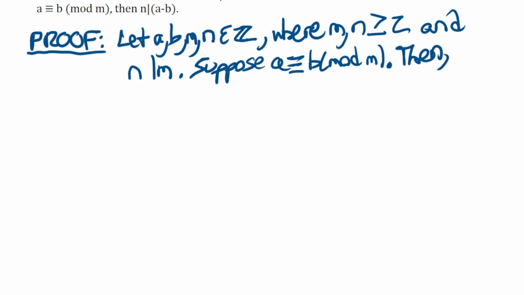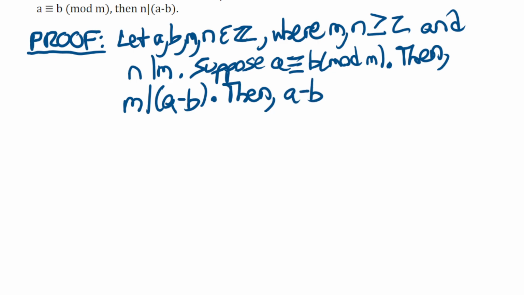So then m divides a minus b, because if you remember when we were going over congruence of integers, moduluses, that was a defining property of them. So then we have a minus b equals mx, where x is an integer.